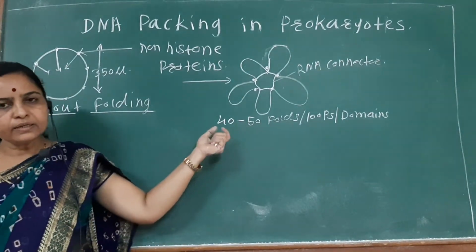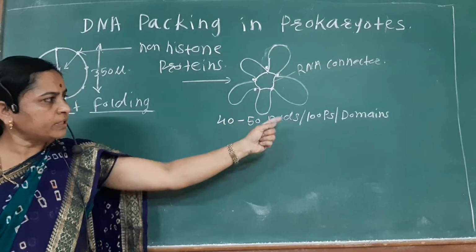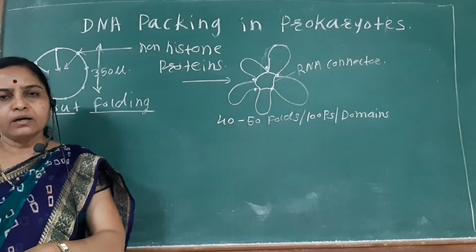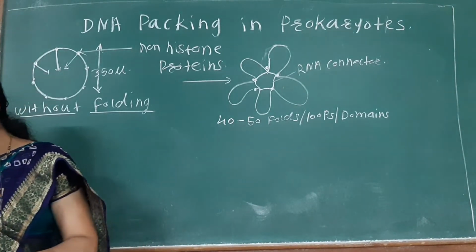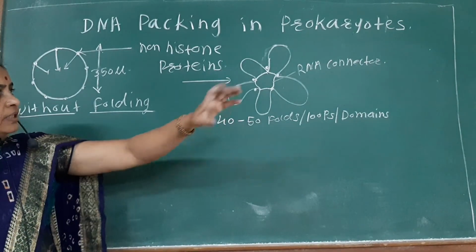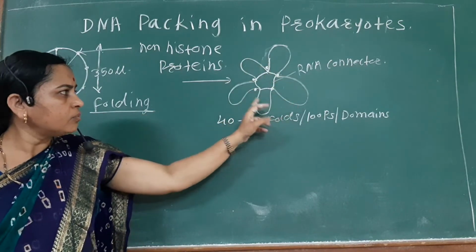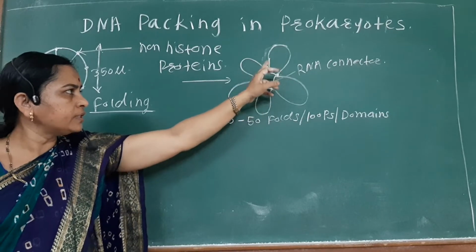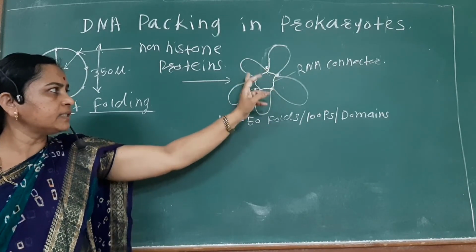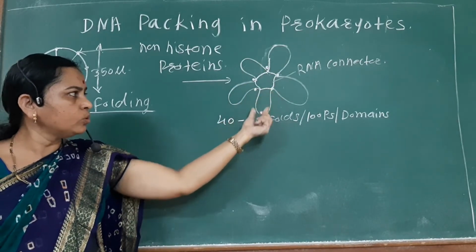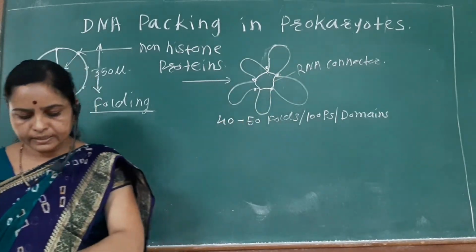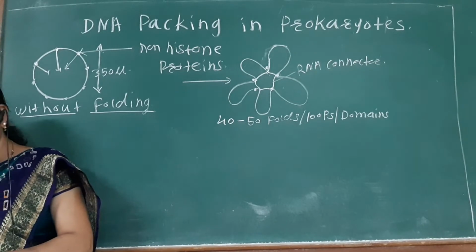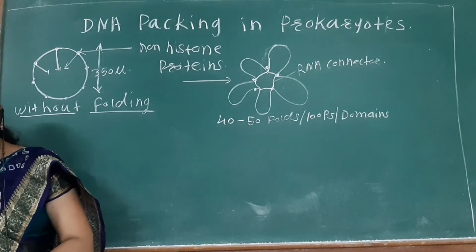So the folds or the domains are mainly produced due to the proteins and the presence of some enzymes. Here the loops or the foldings are produced. So the center of each loop will have a protein, and the RNA connector is what joins the loops together.